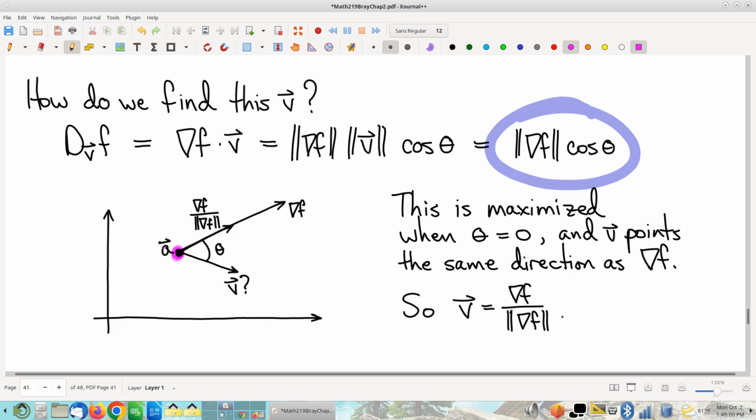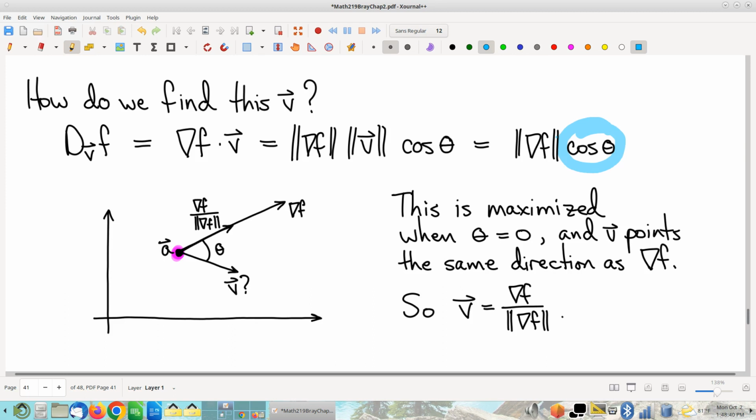But for all of these directions, I'm at the same point A. And so this factor here is a constant, because the gradient is just a vector at the point A. It has a magnitude, and it's the same A, same gradient, same magnitude for all of these different directions, because they're all at the same point A. So really then, what we're actually trying to make as big as possible, the actual challenge here, is just cosine theta.